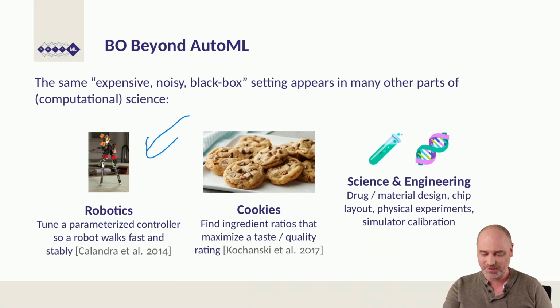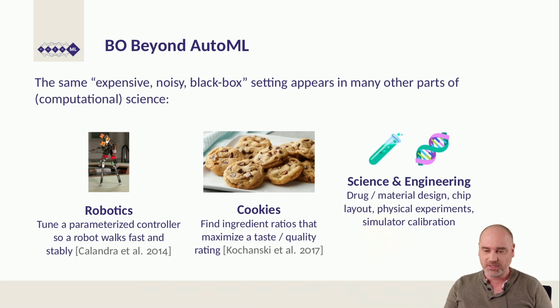There's also a fun little paper where they're using Bayesian optimization for baking cookies. So maybe we want to find the ingredient ratios that maximize the taste, or a quality rating. So that's not even a computer experiment, that's a real-world experiment, and you can use Bayesian optimization for that as well.